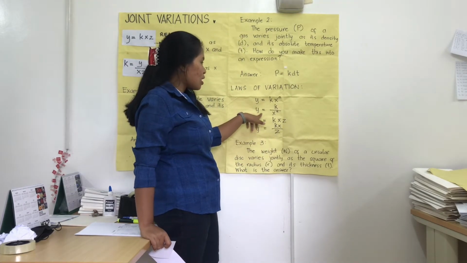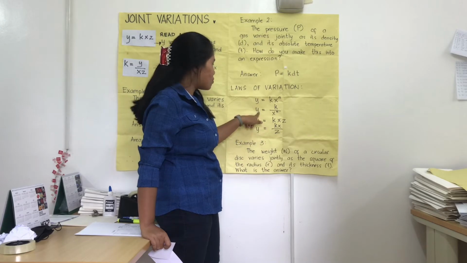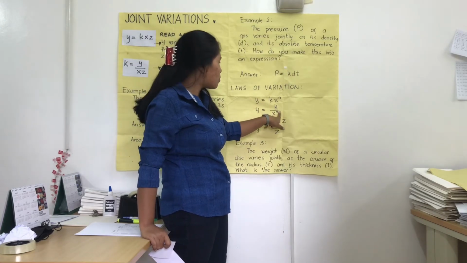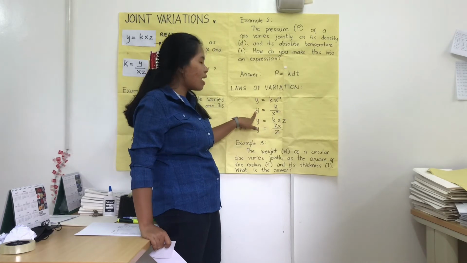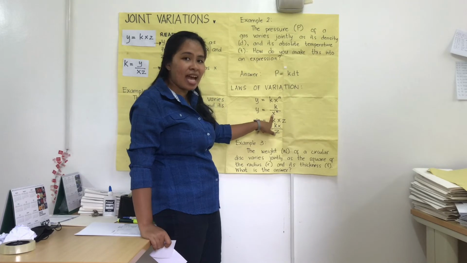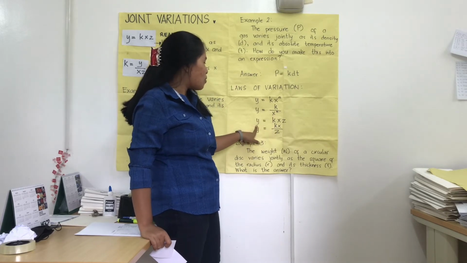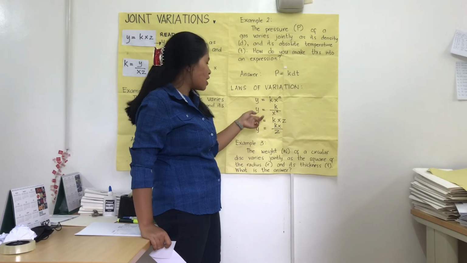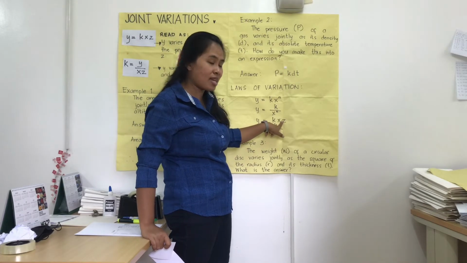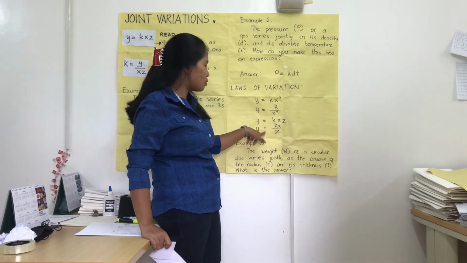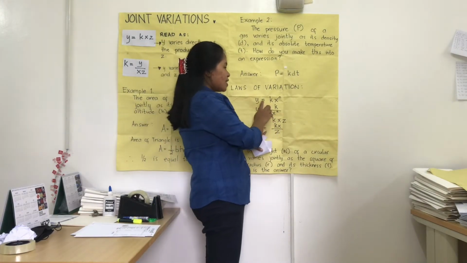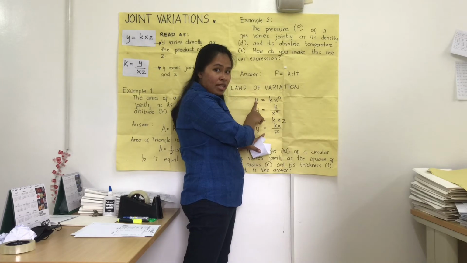So, we can also write this as y is equal to k over x^n, wherein y varies directly as k and inversely as x, right? So, we can also write variations as y is equal to kxz and y is equal to kx over z. So, remember, this is a direct variation, right?